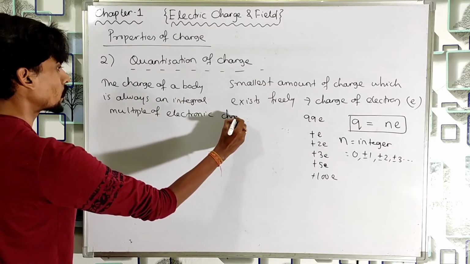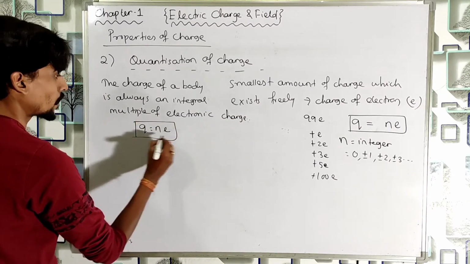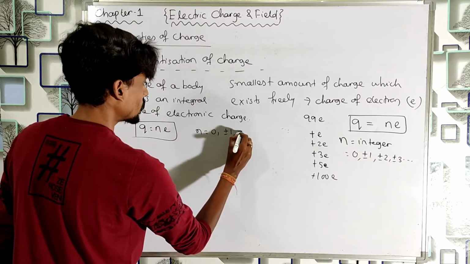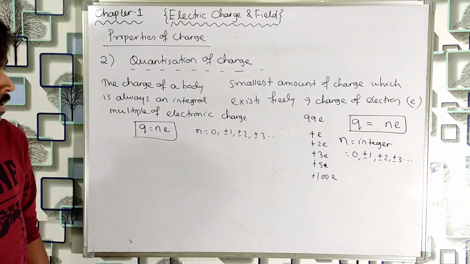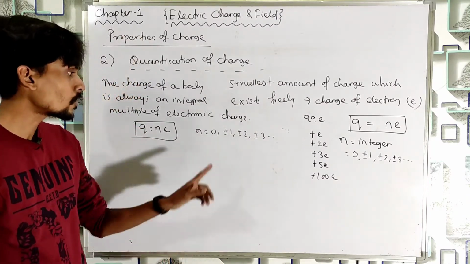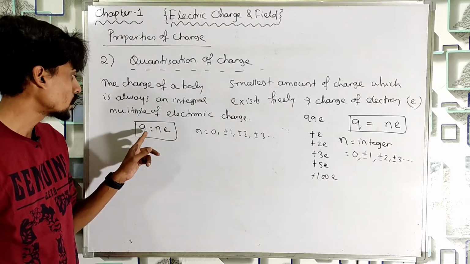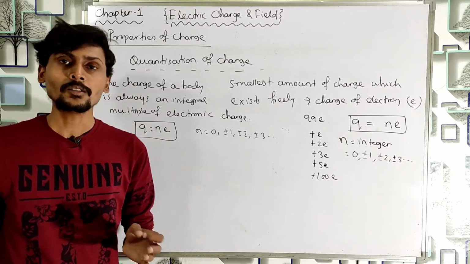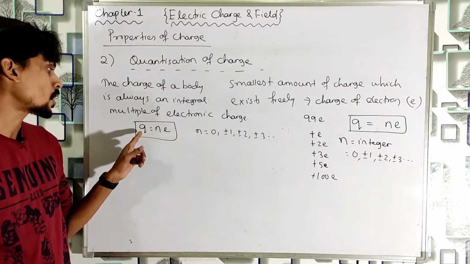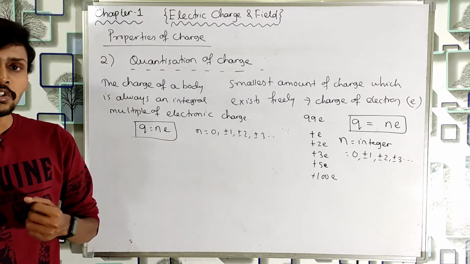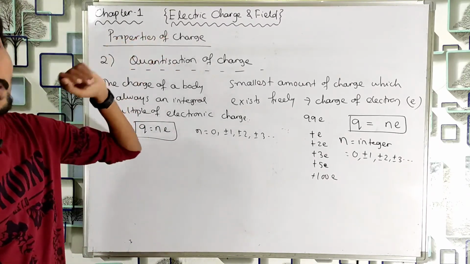Integral multiple of electronic charge means Q is equal to NE, where N equals 0, plus minus 1, plus minus 2, plus minus 3, and so on. But N can never be a fraction. If N equals 0, the body is uncharged, the body is neutral, because if I put N equal to 0 here, then Q will be 0, means the body is uncharged. And if you put N equal to plus 1, the charge will be plus E, means the body is positively charged. Okay, so this is the meaning of the quantization of charge.